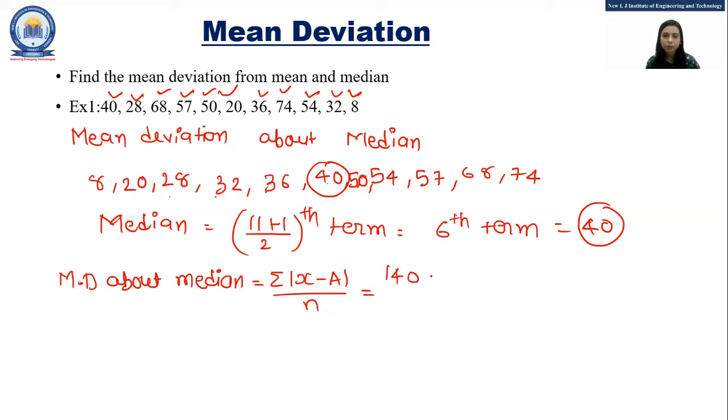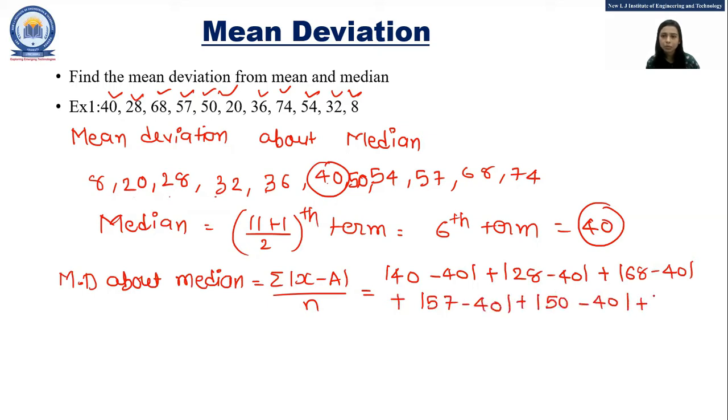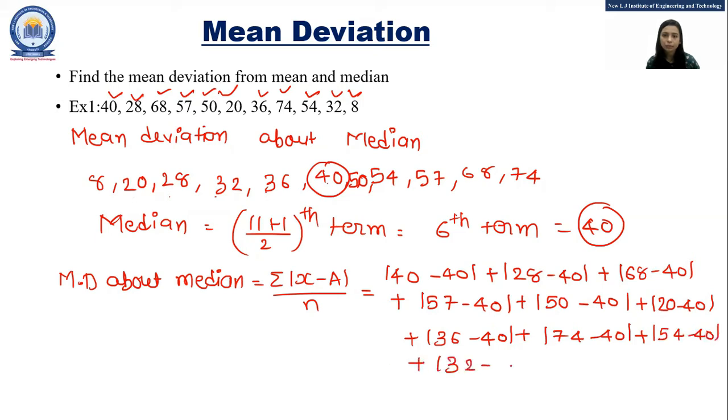That is mod 40 minus 40 plus mod 28 minus 40 plus mod 68 minus 40 plus mod 57 minus 40 plus mod 50 minus 40 plus mod 20 minus 40 plus mod 36 minus 40 plus mod 74 minus 40 plus mod 54 minus 40 plus mod 32 minus 40 plus mod 8 minus 40, whole over 11.